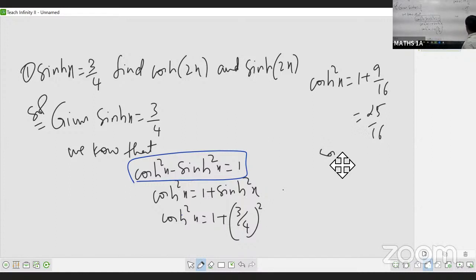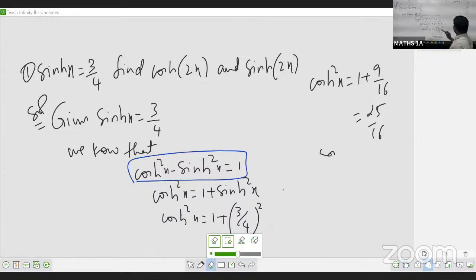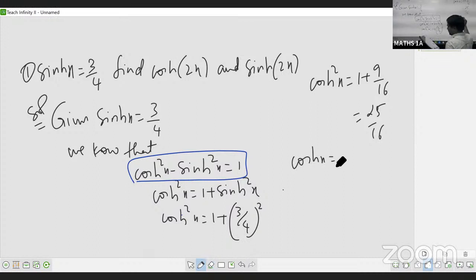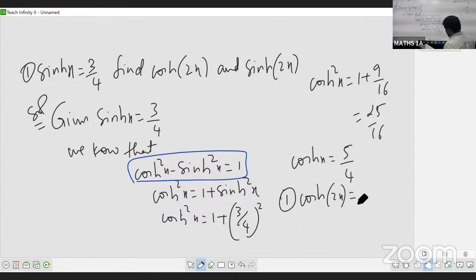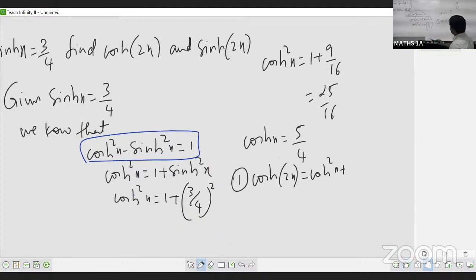Then cos hx will be 5 by 4. Is it clear? Now I got cos hx. What is being asked? Cos h of 2x is asked. Now first bit, cos h of 2x in terms of formula is cos h square x plus sin h square x.